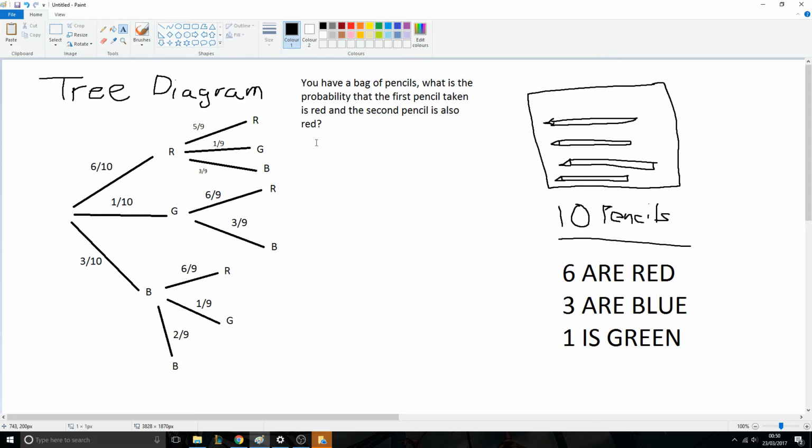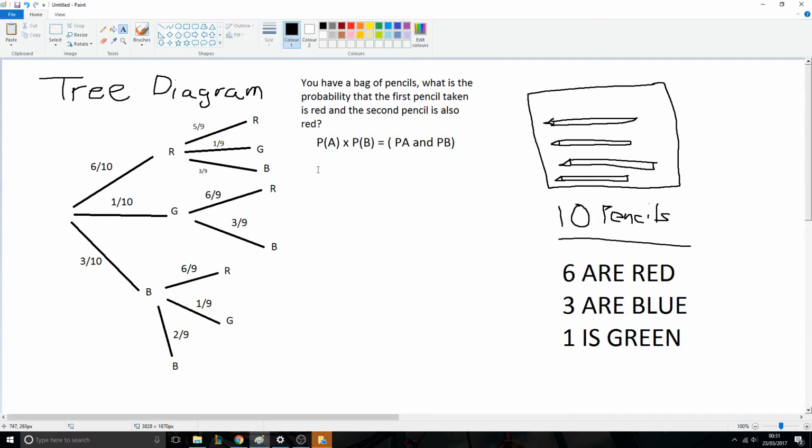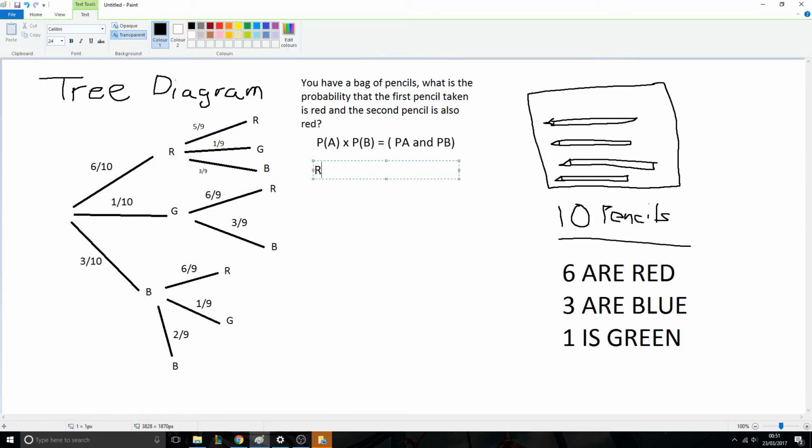So to solve this question, we will be using probability of A multiplied by the probability of B to get us probability of A and probability of B. Okay, so using our tree diagram here, we know that in our first event of taking the first pencil out, there is a 6 out of 10 chance that we will take the red pencil out.